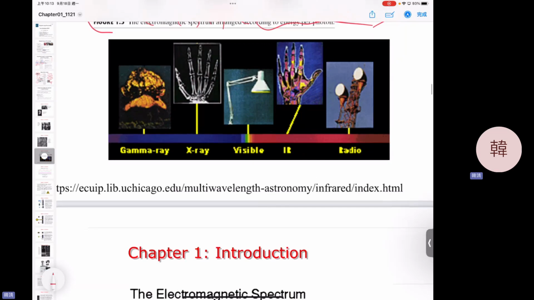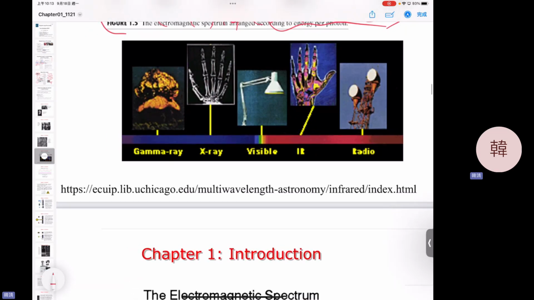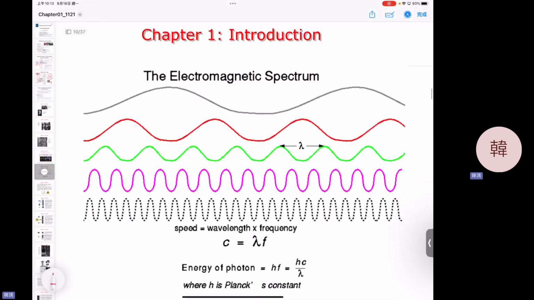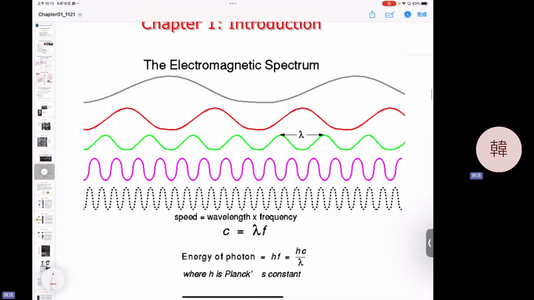If you want to look at more detail, please look into this website. This is the EM wave spectrum, and it depends on the wavelength of your signal. So the visible band is only a very small band. You can see it because it's limited by your eyes.